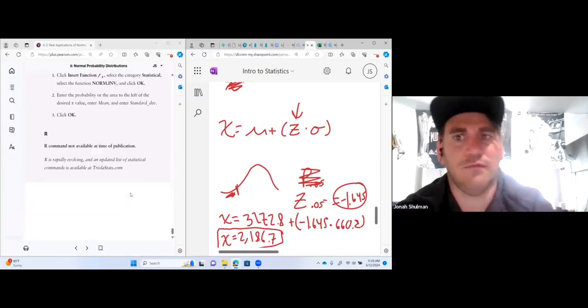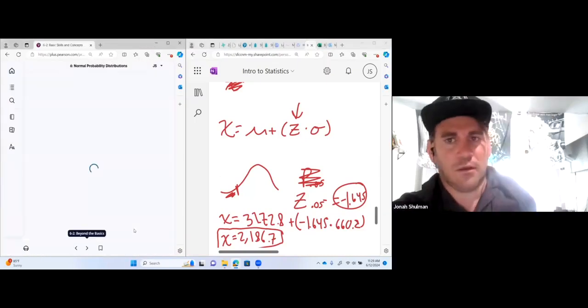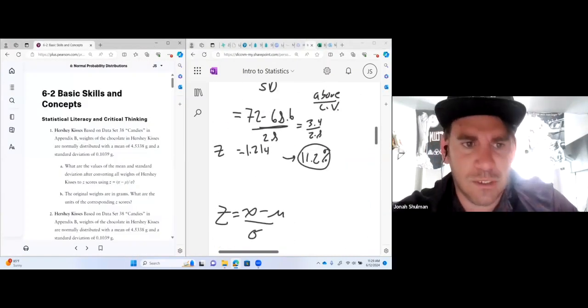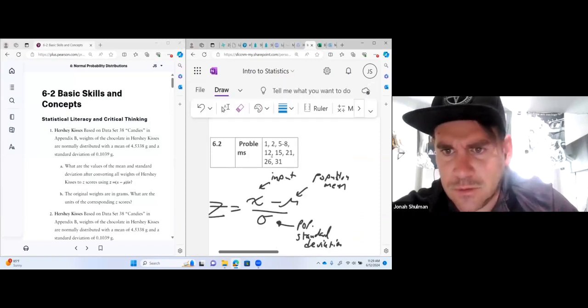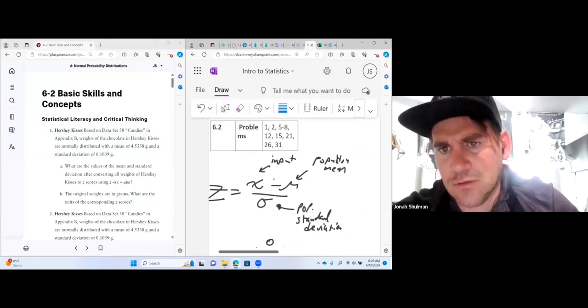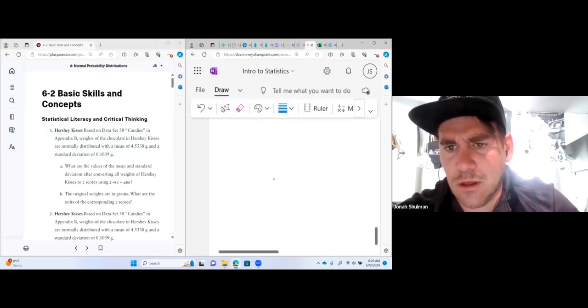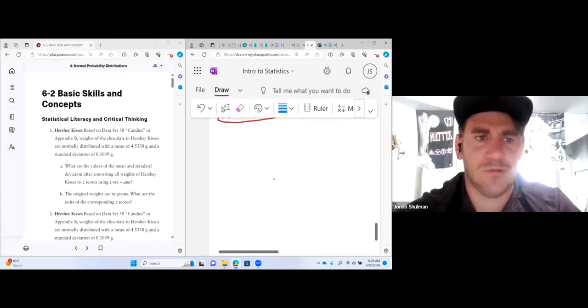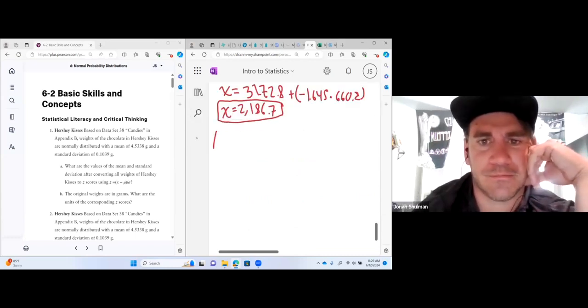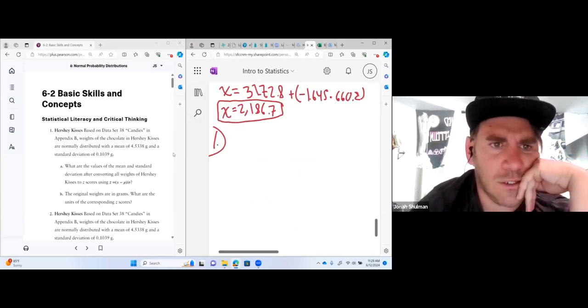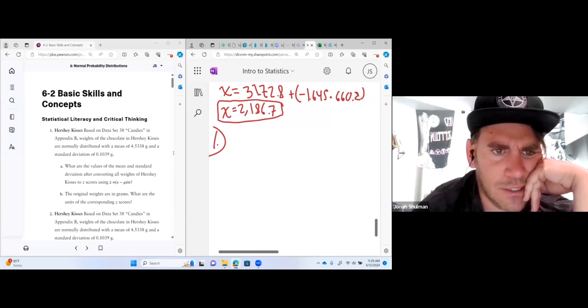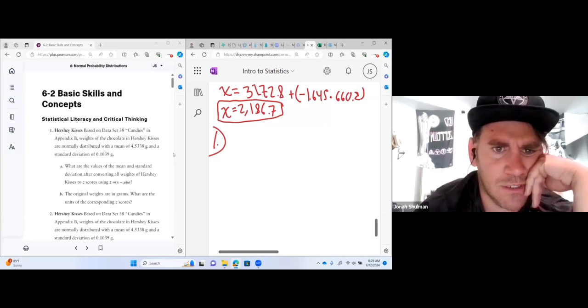Guess what? It's time for some problems. All right. I knew these would be easier. 1, 2, 5 through 8. I'm not going to do them all, but let's do some of them. Let's do number 1. Hershey Kisses, Data Set 38. The weights of Hershey Kisses are normally distributed with the mean of this.